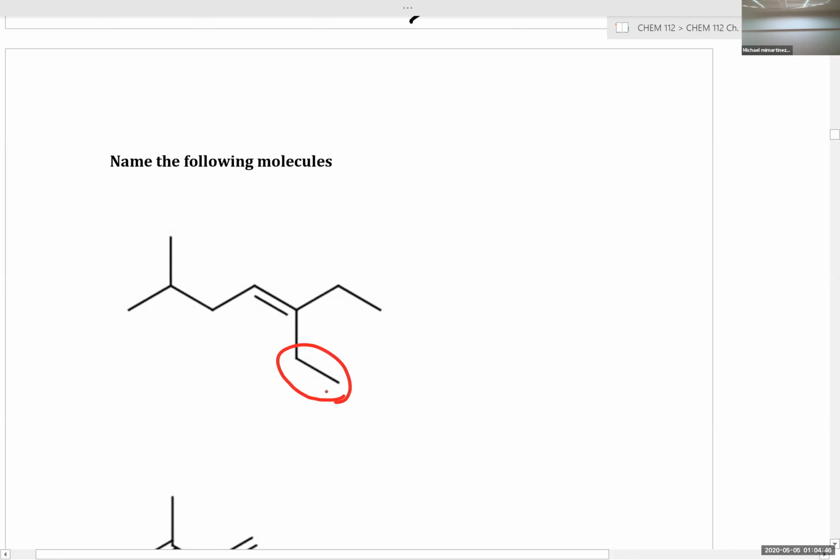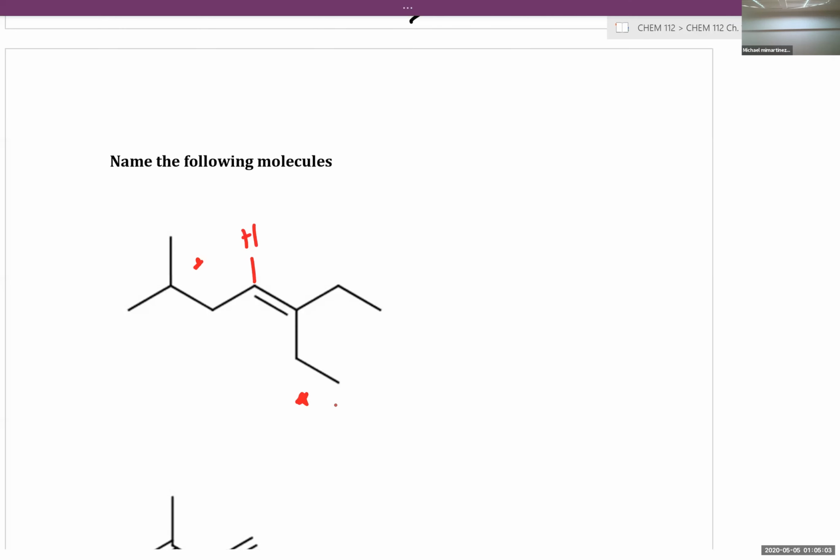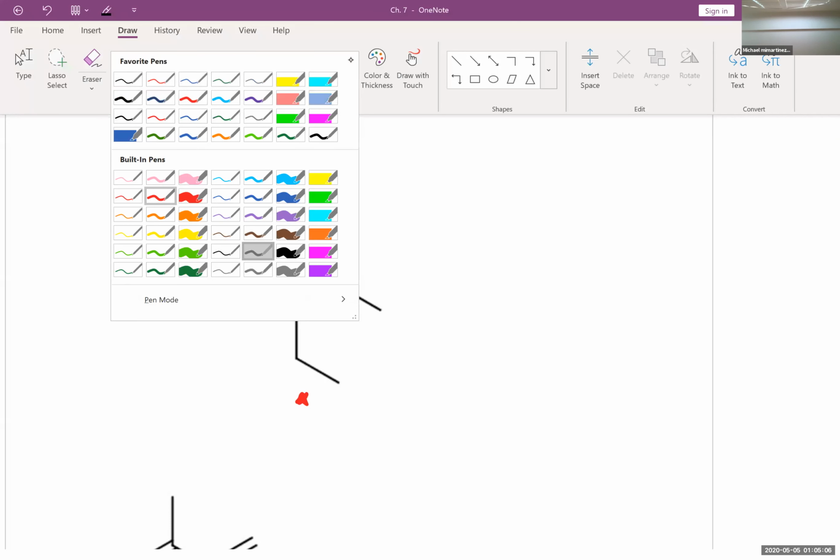So I'm going to arbitrarily circle this chain. Okay, so that's one. I'm going to put a star next to it. Here's the other. Okay, we don't have to worry about Z or E because these two chain substituents are identical. I did that intentionally to save you some grief.